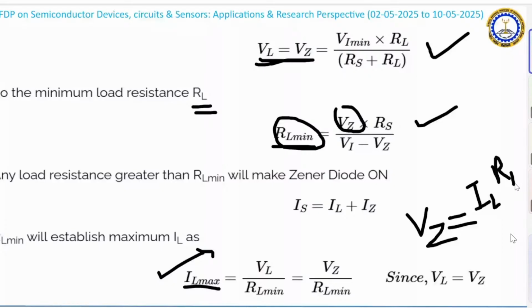Any device can only withstand a certain range of current, so we have to find the maximum. With RL minimum, we can determine this IL maximum.